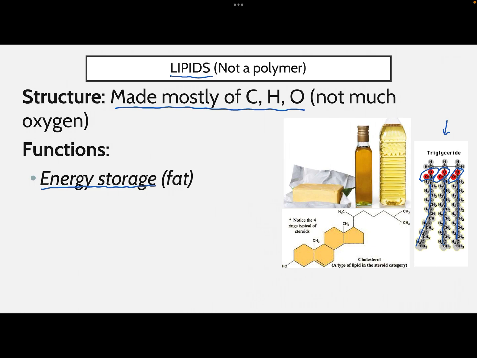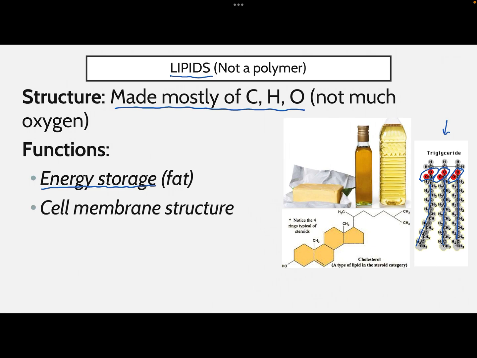Lipids are a very stable form of energy storage, so living organisms can store energy in the form of lipids and then not do anything with them for a really long time. When that energy is needed, those lipids are taken apart and reassembled to make glucose. And then that glucose is used to make a different kind of energy molecule that, again, we'll talk about a little bit today and in much more detail down the road. So lipids can be used for energy storage.